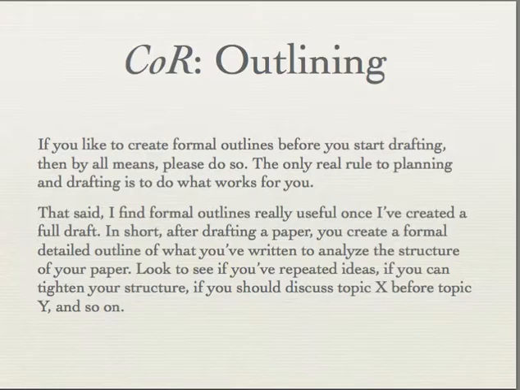Do you realize by having done this that you're dealing with the same topic, the same idea, in a couple different places? And if so, can you just combine them together? Do you realize that you've left a gap somewhere? Are you talking about issue X before you talk about issue Y, when you really need to talk about issue Y before you talk about issue X?